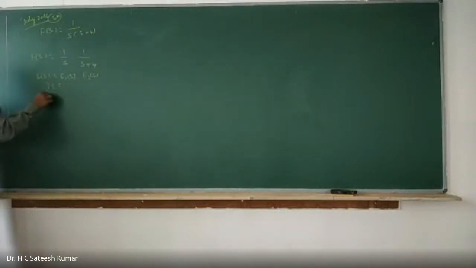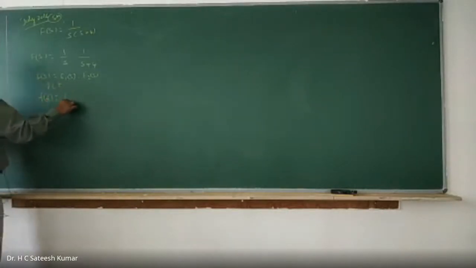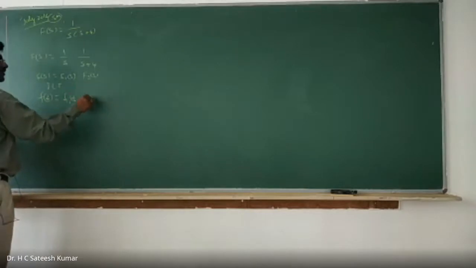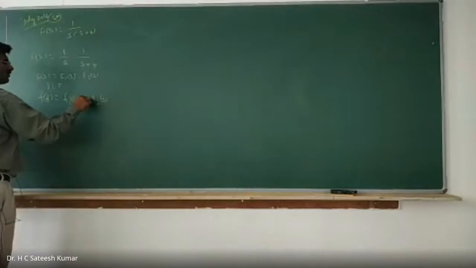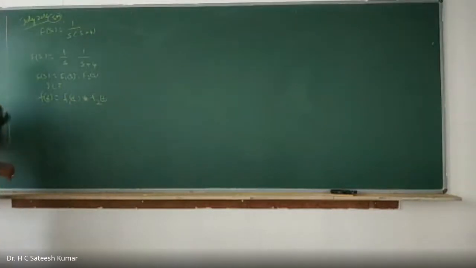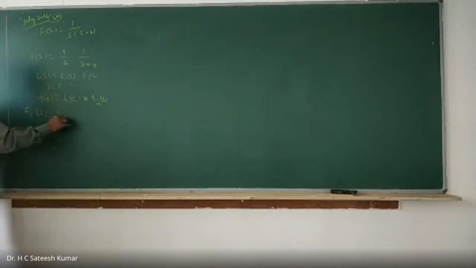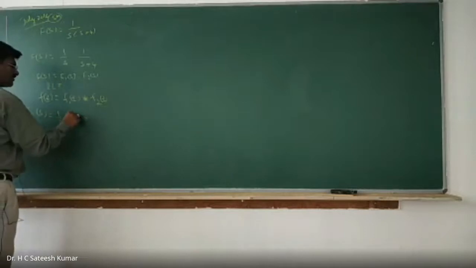What will you get? F of t is equal to f1 of t convolved with f2 of t. Multiplication will become convolution. Now, what is your f1 of s? f1 of s is equal to 1 by s. Therefore, take the inverse Laplace transformation.